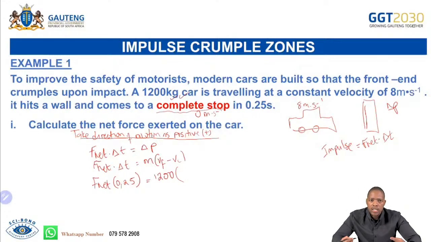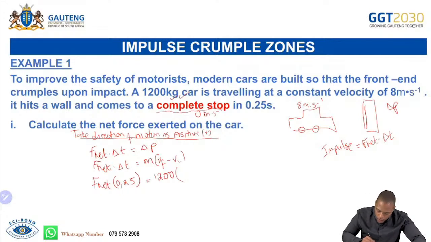Once they tell us it comes to a complete stop, that's a keyword right there. Its implication is that its velocity is 0. At rest, that's a keyword right there. Its implication is that the velocity is 0, and stationary, again a keyword, implying that velocity is 0. Knowing keywords is very, very important, and knowing their implication.